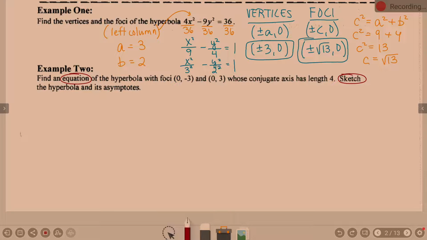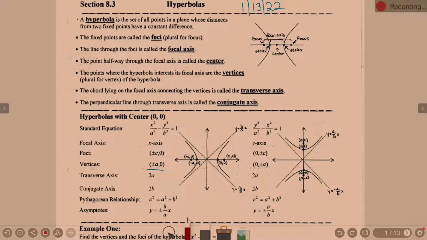c is 3. So right here we have foci, yes? And my foci are c. Officially, since this is 0, negative 3, and 0, 3, this means my foci are 0, comma, plus or minus c. Because if you look back at our chart, my foci for something centered at 0, 0 are either plus or minus c, comma 0, or 0, comma, plus or minus c.